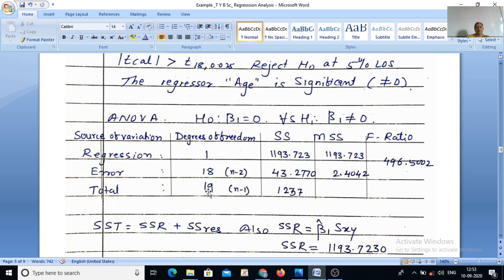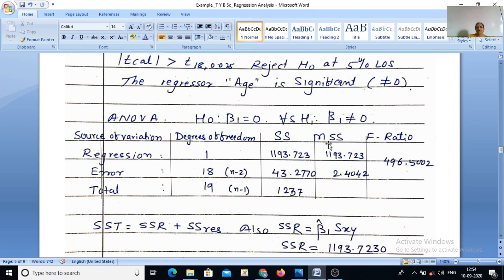So the total sum of squares has n-1 degrees of freedom, okay. You can compute this either by adding these two or by taking the summation of (yi minus y bar) squared, that is, summation of y square minus n times y bar square, and you will get this total sum of squares, okay.